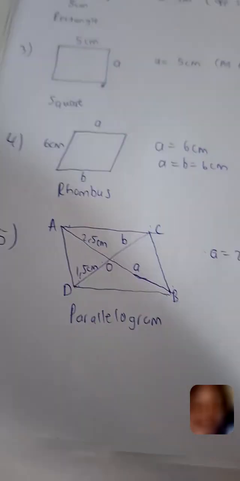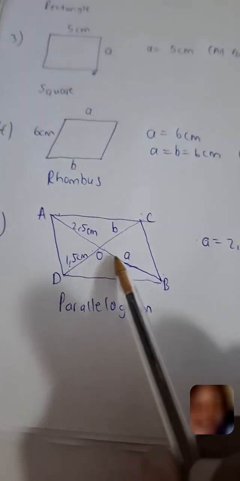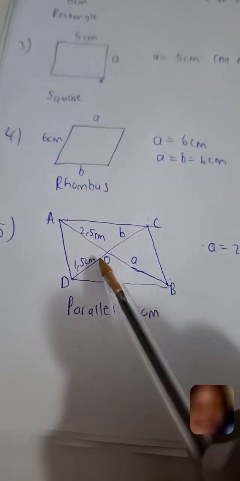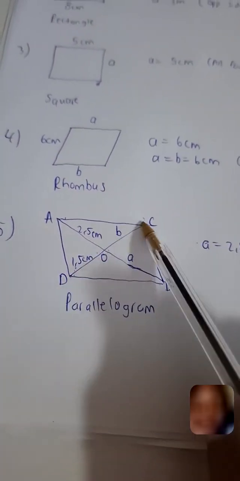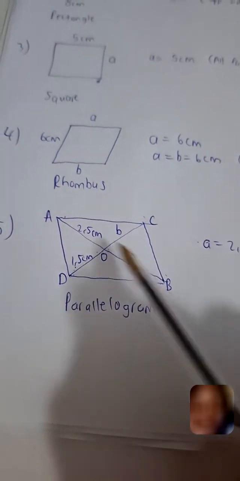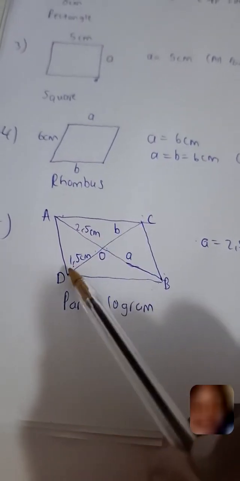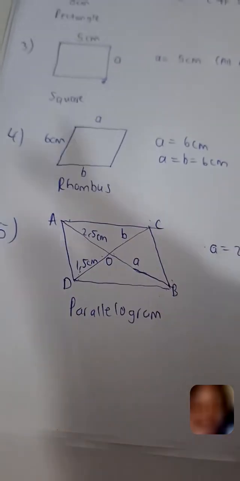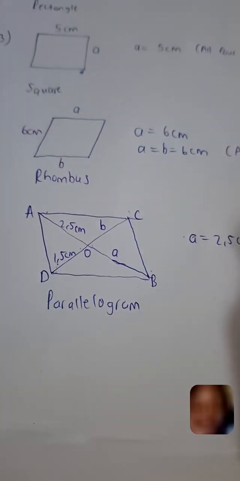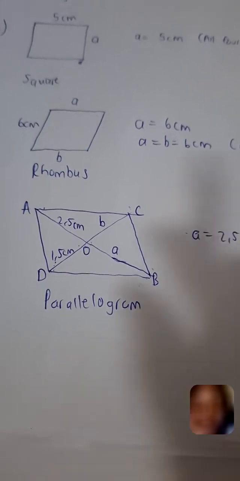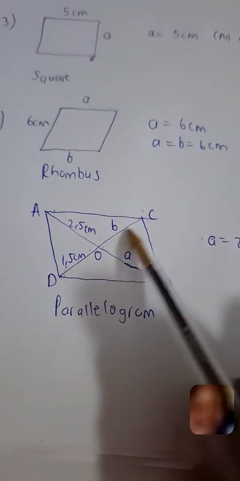No. Okay, you can go back to your notes for parallelograms, your properties. This actually speaks to the properties of your parallelogram. But CD and AB are called, it starts with the D. Diagonals.